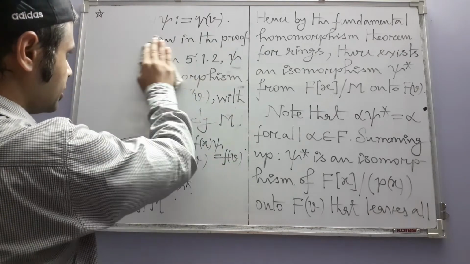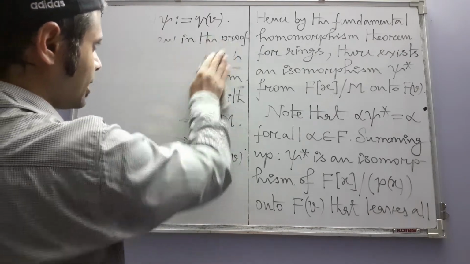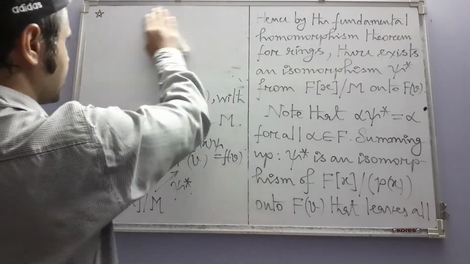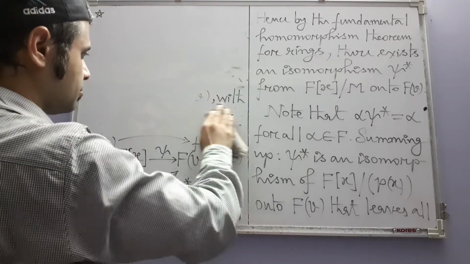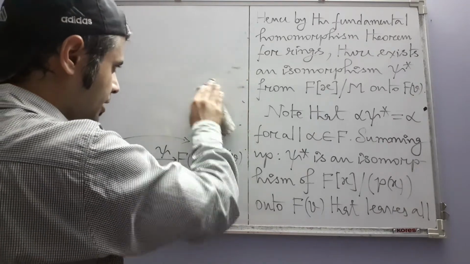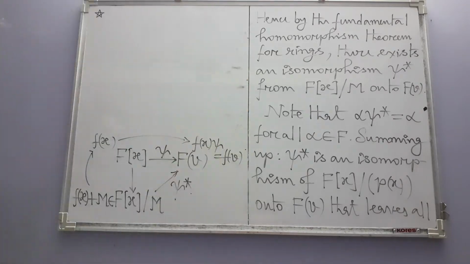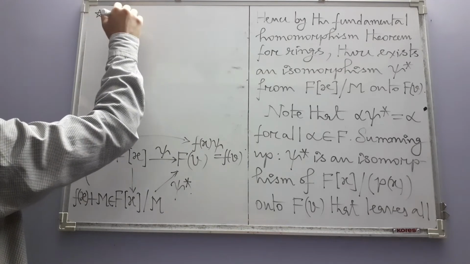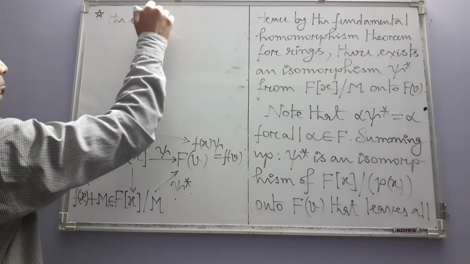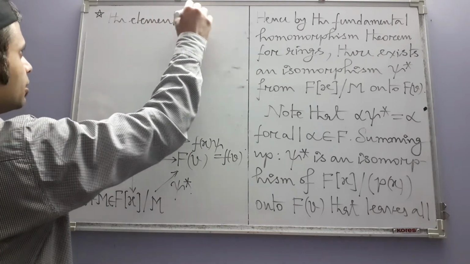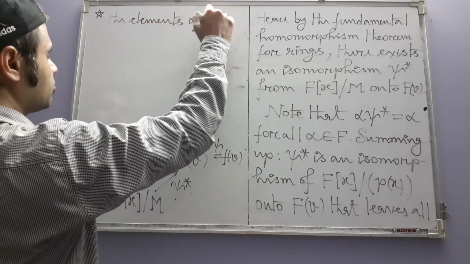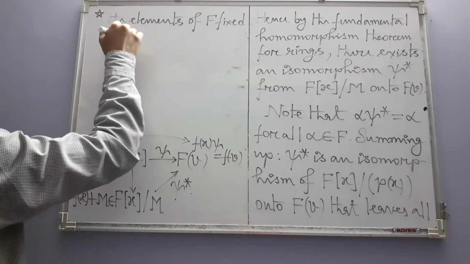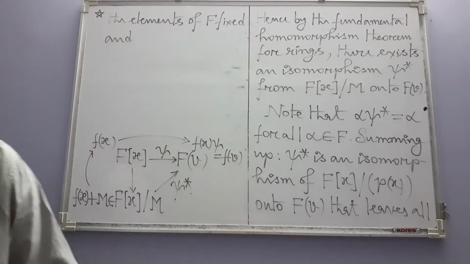One more thing, we still need to justify how we are getting this alpha psi star equal to alpha, and that is why I have this diagram. Leaves all the elements of F fixed. And I need some ink.